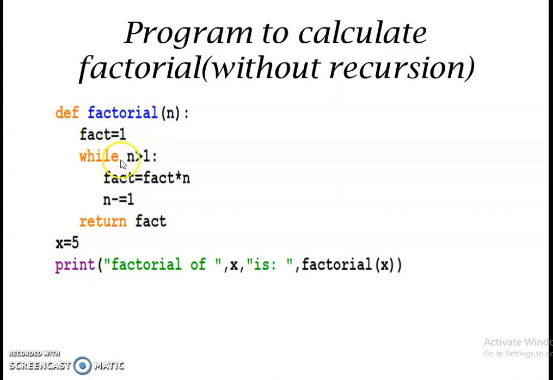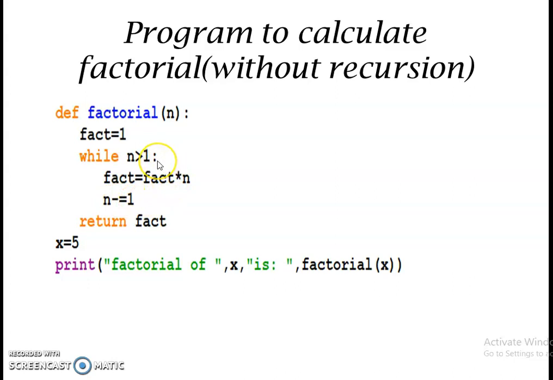Now this iteration starts, and here we are storing fact into n into fact. The initial value of n will be the number. So we are multiplying and storing to fact, and next we are decrementing the value of n by 1.